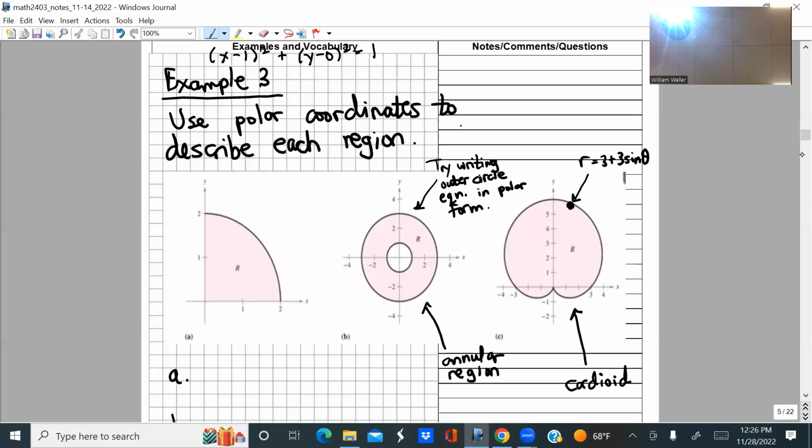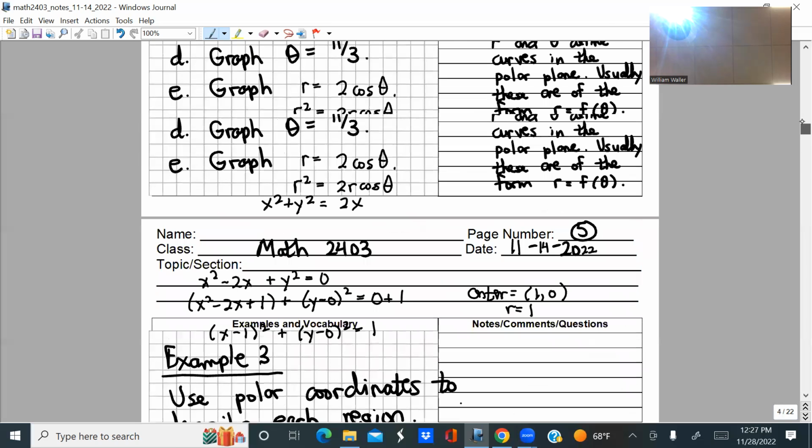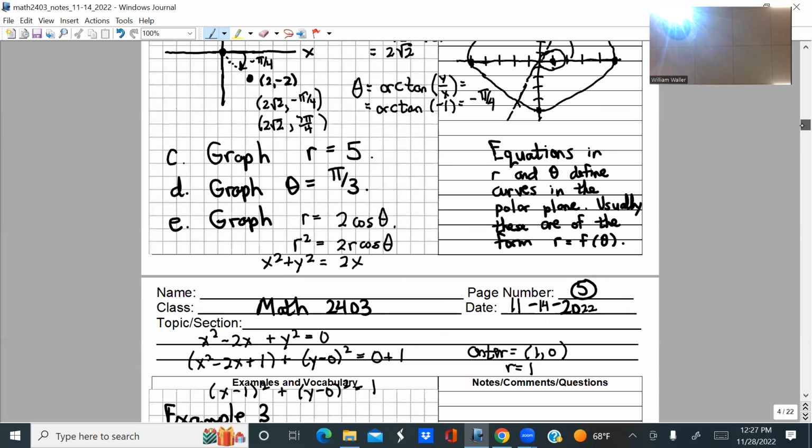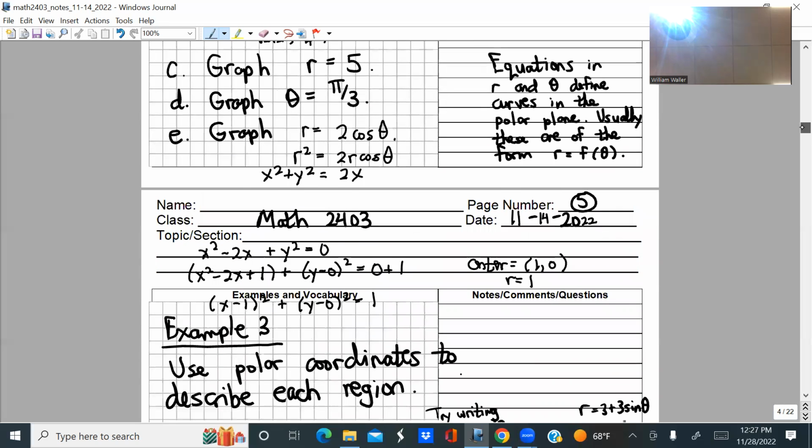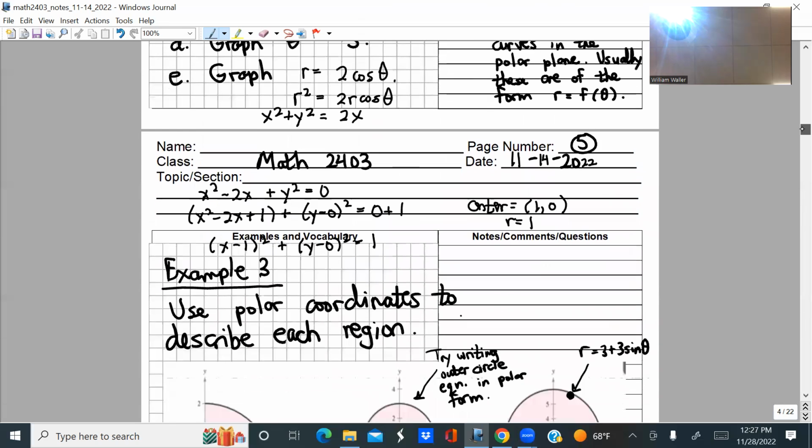But Kepler did not write his elliptical equations in rectangular coordinates. Kepler used polar coordinates because this greatly simplifies the equations. So if you're wondering whether it is really practically useful to write curves using polar coordinates, the answer is yes. There's a very famous example of that.